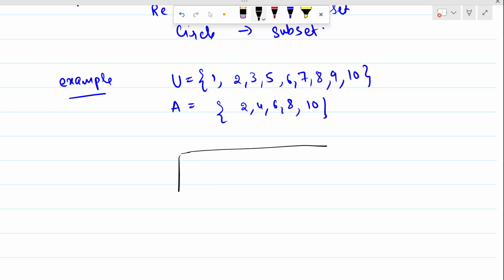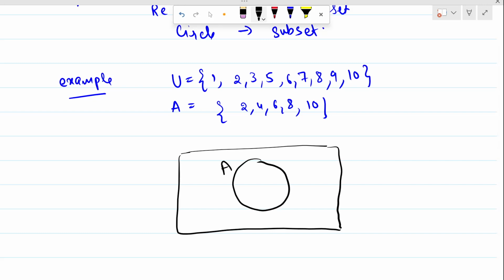This is a rectangle where A is a subset, and U is the universal set. We have the elements 1, 5, 9, 3 and 7, and 2, 4, 6, 8 and 10. So this is a representation of a set via a Venn diagram.